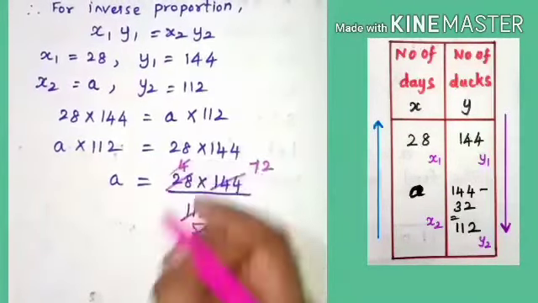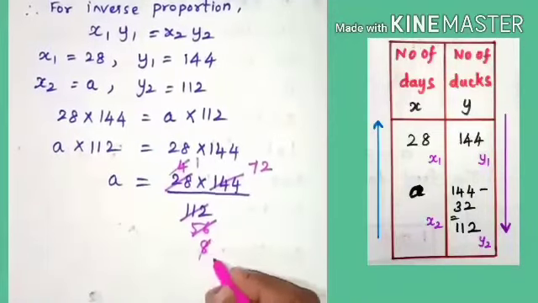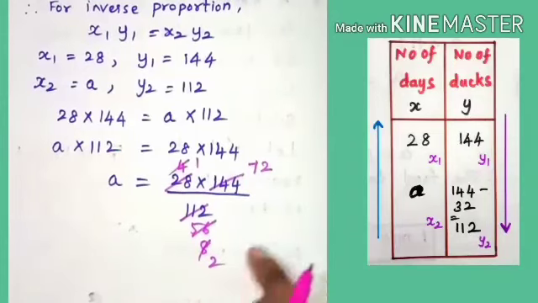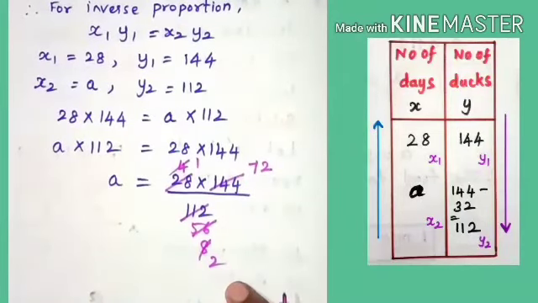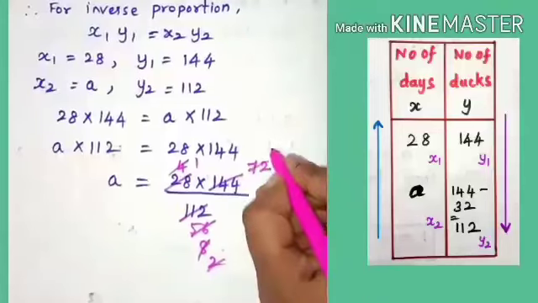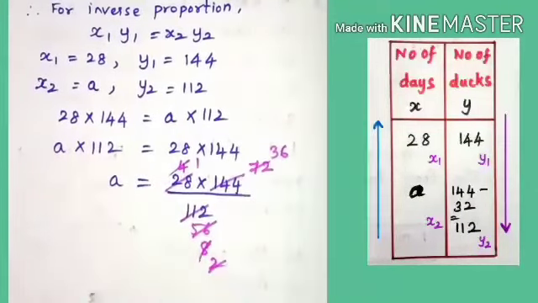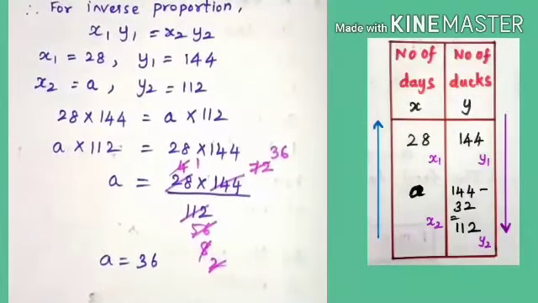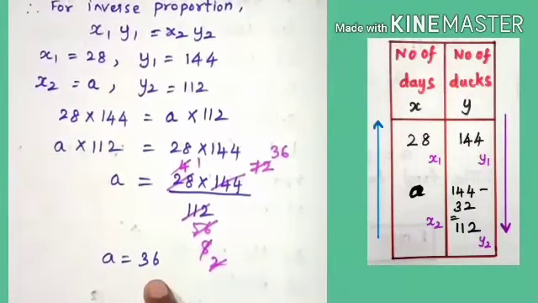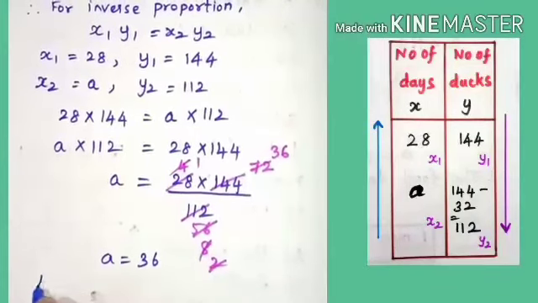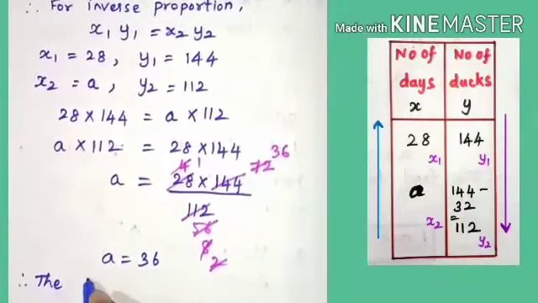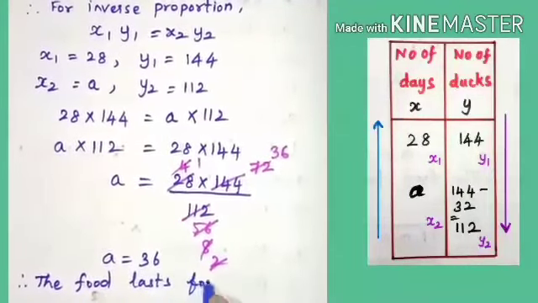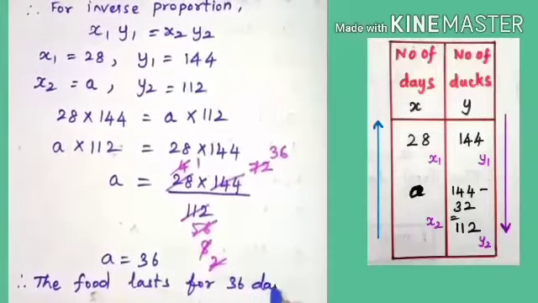Now again when we cancel 4 and 8, here it is 2. Now 72 divided by 2, we get 36. So the value of A is equal to 36. Therefore, the food lasts for 36 days.